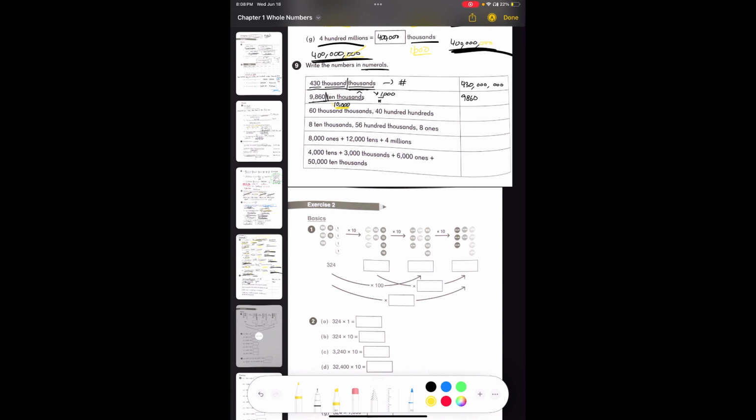These 4 zeros, I can just add to the back. 1, 2, 3, 4. Commas here, so it's 98,600,000. So that's what 9,860, 10,000 is. So we're going to do the same thing here. 60,000 thousands.